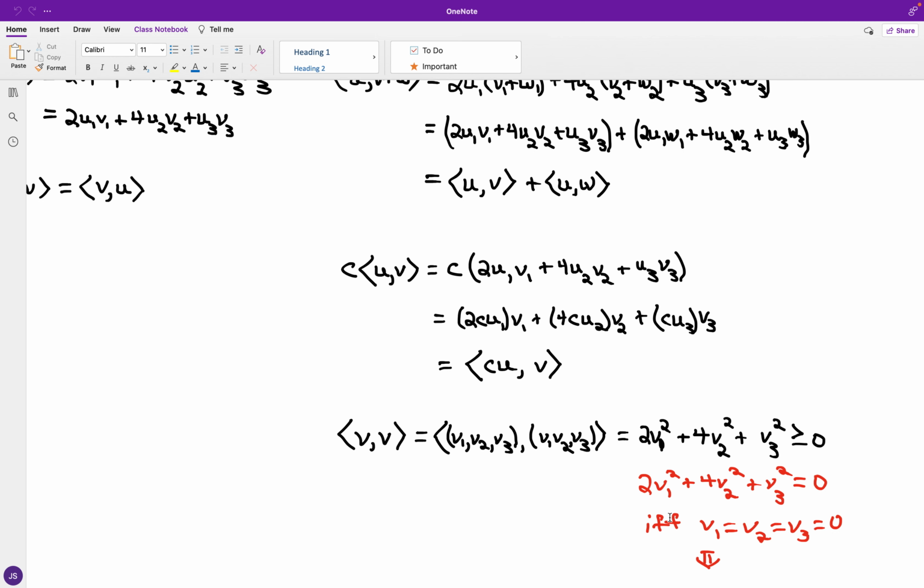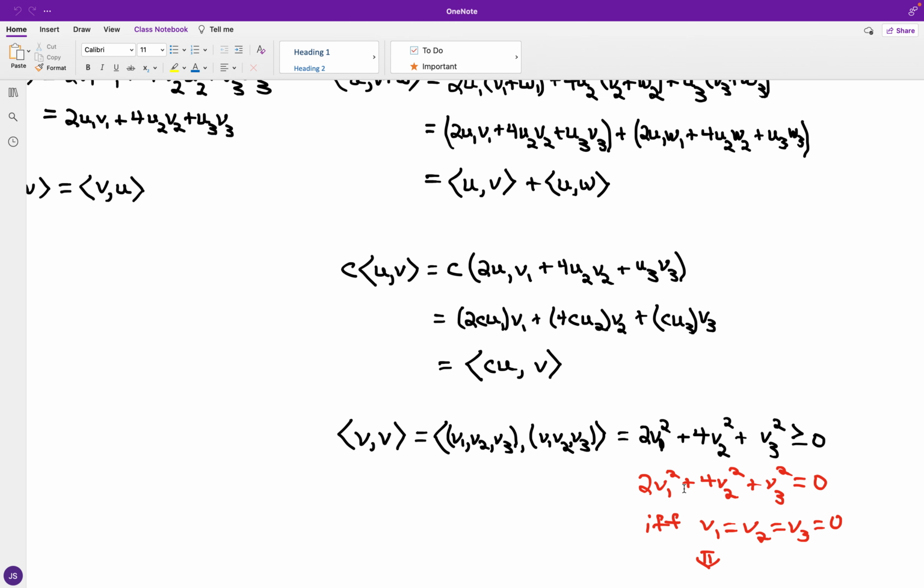Furthermore, all of the components must be 0 for equality. So applying the function upon replacing the u at the front with v, we have 2 times the square of v sub 1 plus 4 times the square of v sub 2 plus the square of v sub 3 is greater than or equal to 0. Squares can never be negative, and the least that the squares can be when added together is 0. If it's not 0, it's going to be positive.